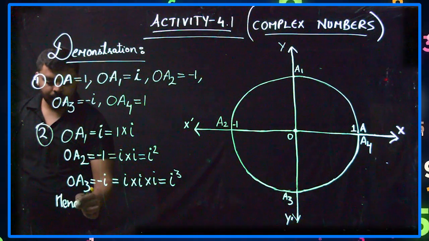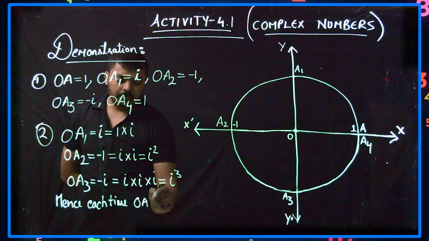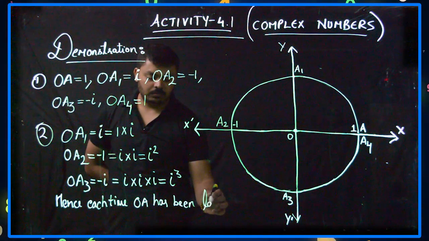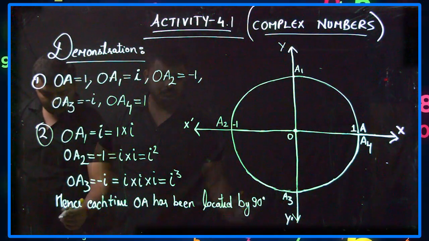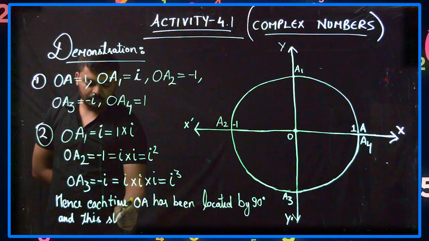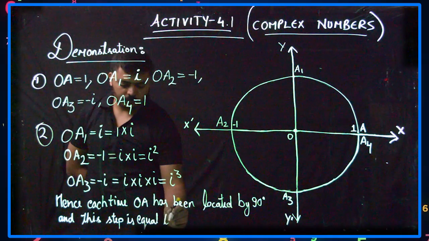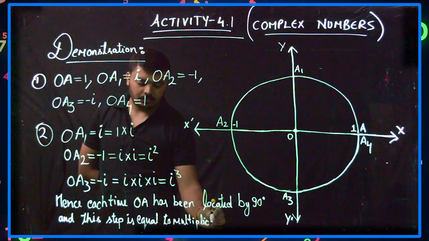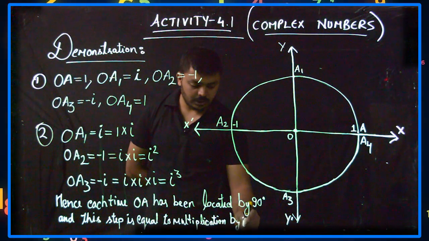Hence, each time OA has been rotated by 90 degree, this step is equal to multiplication by i or iota.